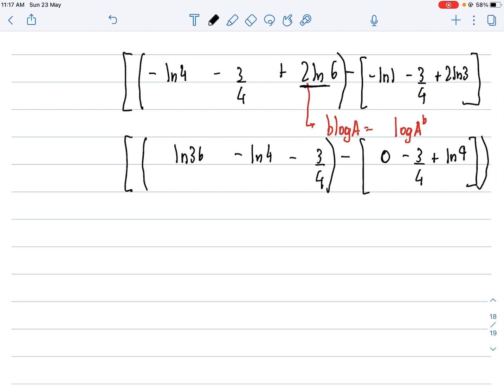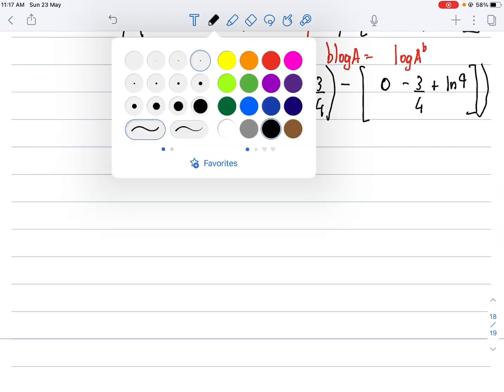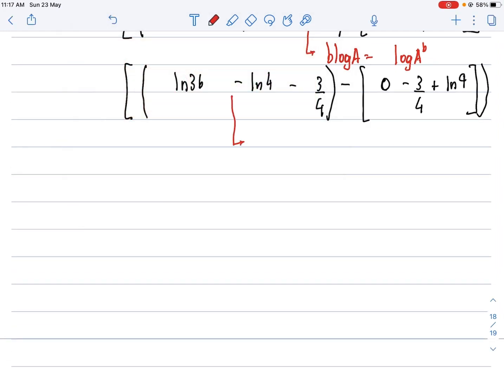Now another important log property I know is that log a minus log b can be written as log a over b.